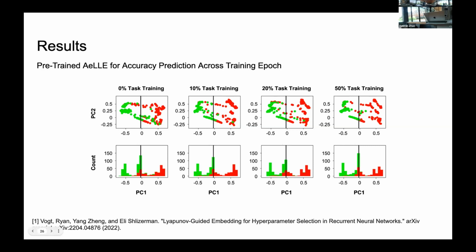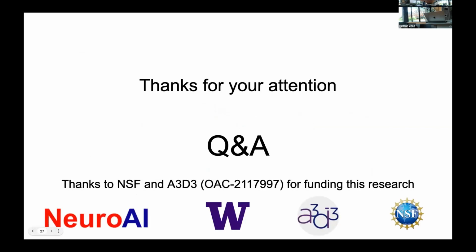So that means we are able to select a particular RNN model ahead of time for your task. Yeah, that ends our presentation. I just want to thank all the organizations for supporting and funding these projects. And we have the Q&A time now.